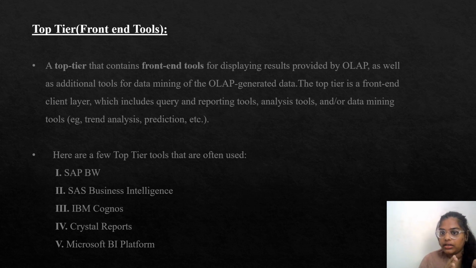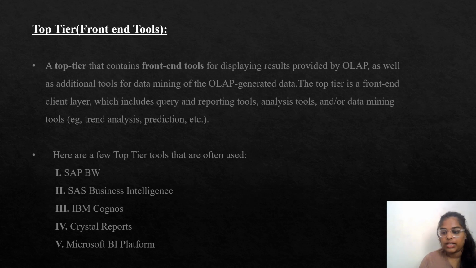So the top tier is the front-end client layer, which includes query and reporting tools, analysis tools or data mining tools, etc. A few top tier tools that are often used are Crystal Reports, Microsoft BI platforms, IBM Cognos and so on. So the front-end tools are the end products of the architecture.